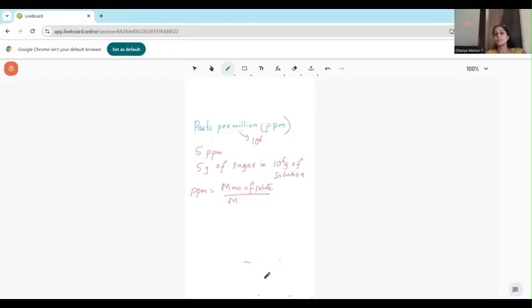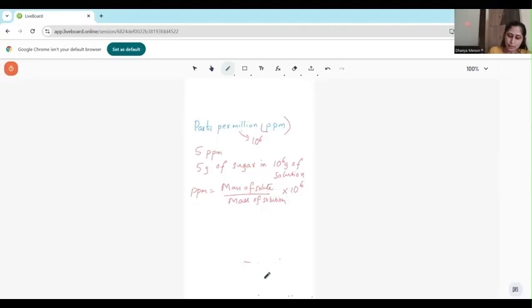See, in all these terms, the denominator is always the solution, whether it's volume or mass. So times 10 raised to 6. This is our formula for ppm. So it just refers to how many grams of the solute there are in 10 raised to 6 grams of the solution. That is the million. How many parts there are in a million parts by mass of solution.